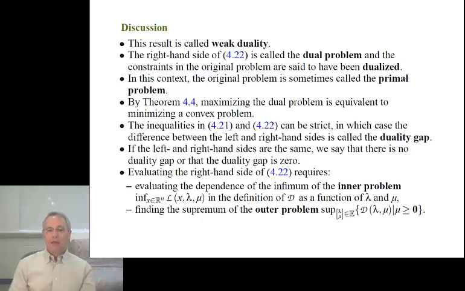evaluating the maximizer of the dual involves solving the inner problem, and indeed solving it in terms of lambda and mu, and then finding the supremum or the maximizer of that dual function over lambdas and mu.